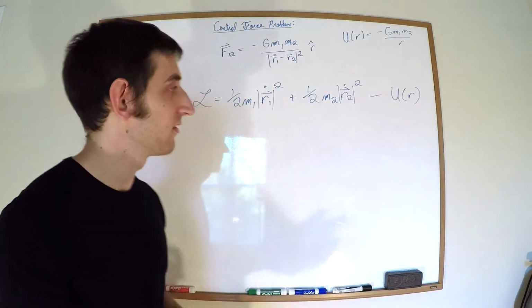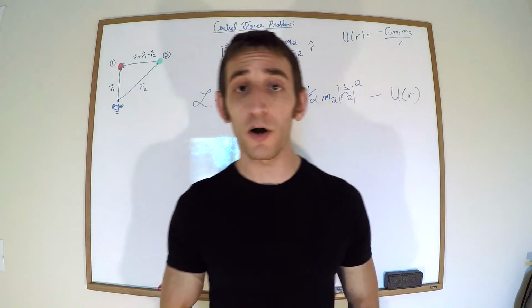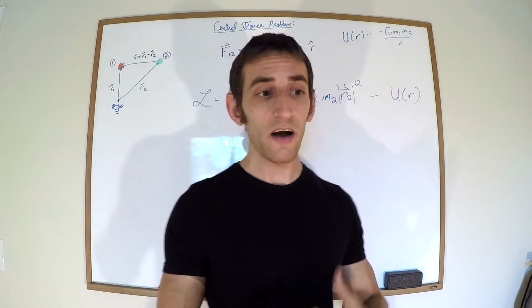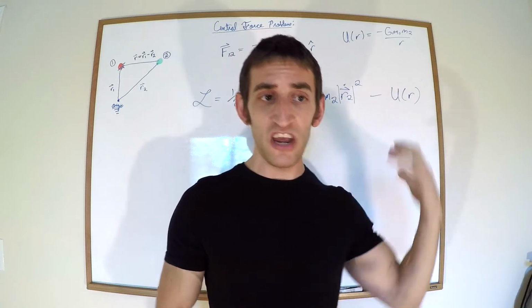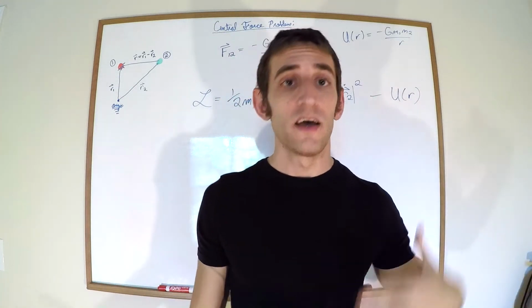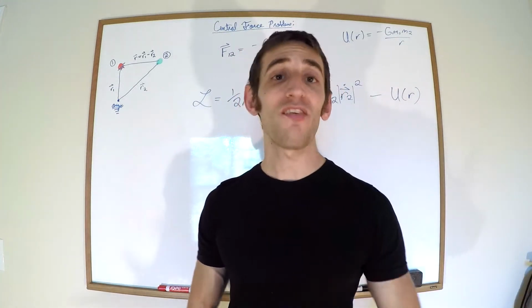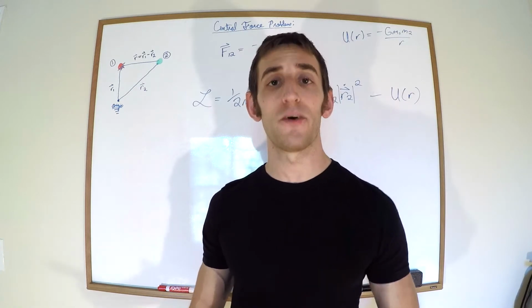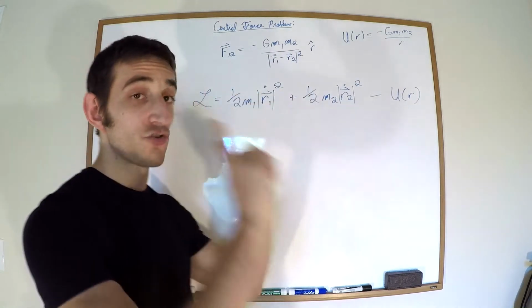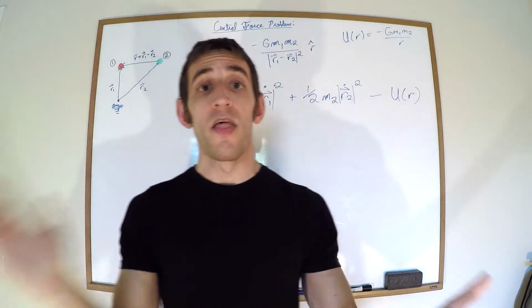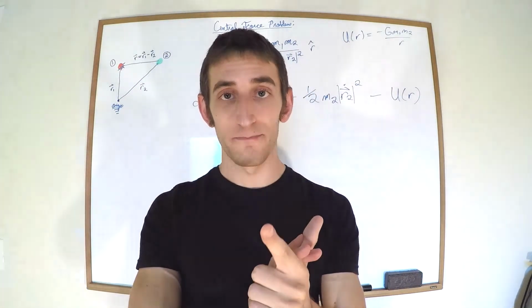How can I make this problem more efficient? How can I work more effectively? How can I change my perspective, change my reference frames, or change my analytical approach to eliminate all these cumbersome equations and come up with a more streamlined, straightforward approach? That's what we're going to tackle next.